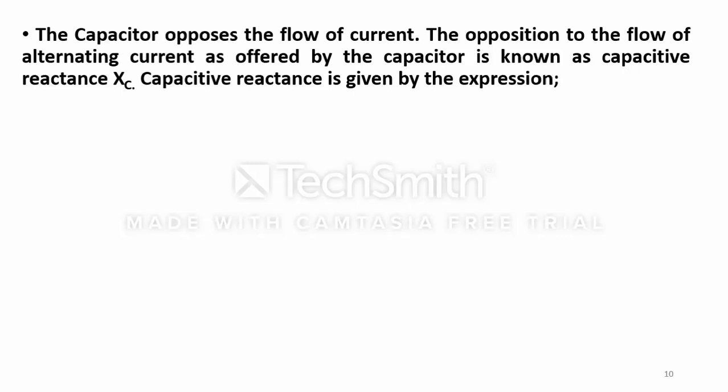So whenever we talk about reactance, reactance has to do with opposition to the flow of current. Capacitive reactance is the opposition to the flow of alternating current offered by a capacitor. Inductive reactance is the opposition to the flow of alternating current offered by an inductor.